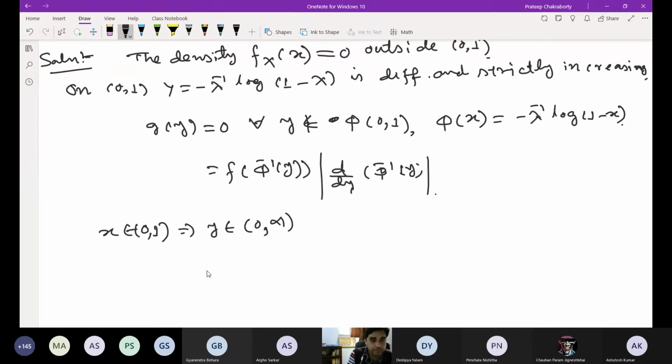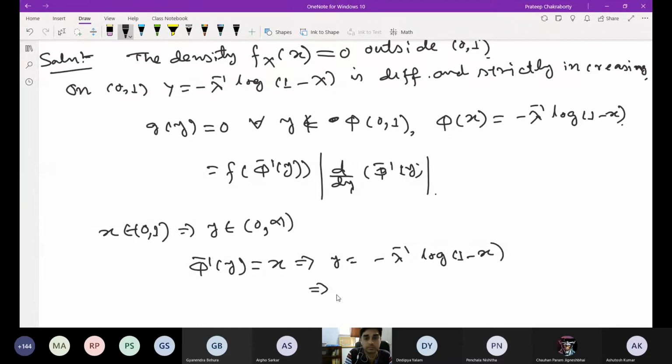And what is phi inverse of y? Phi inverse of y is equal to x. So y is equal to minus lambda inverse log 1 minus x.